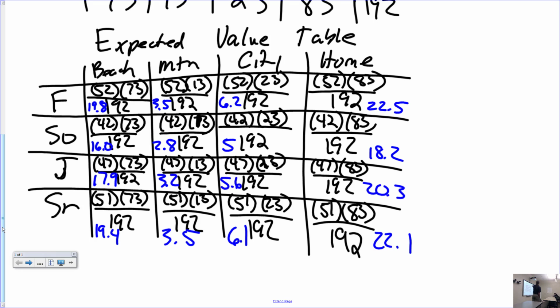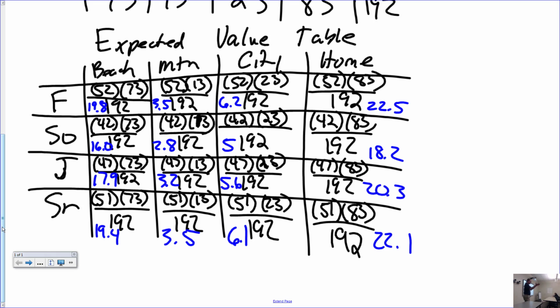And this is all you needed to do for this problem, was to create this table. Basically just looking for the numbers in blue. In theory, if you had to take it the next step, then you would do the whole subtract, square, divide by the expected value, add. That gives you your chi-squared statistic. Compare that to the chi-squared critical statistic.